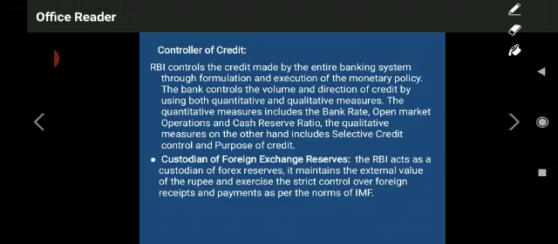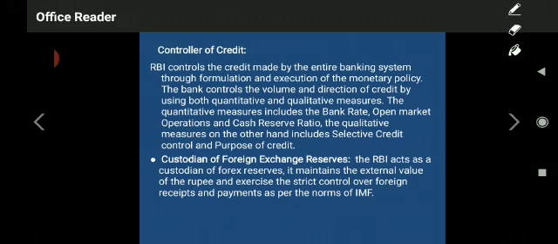And the qualitative measures, on the other hand, include selective credit control and purpose of credit. I am not going into detail here about this particular point. I'll explain it in the coming online video classes, because you have one more important topic in connection with this aspect. Okay, I'll brief this point over here.